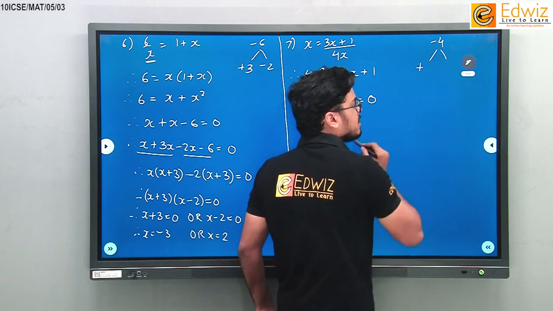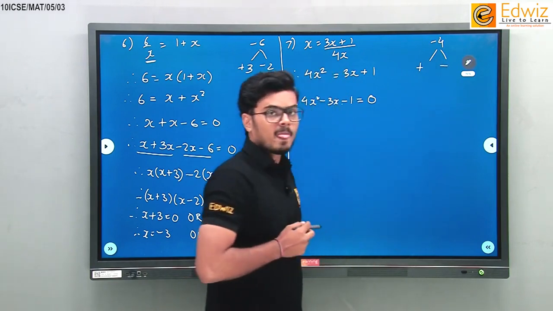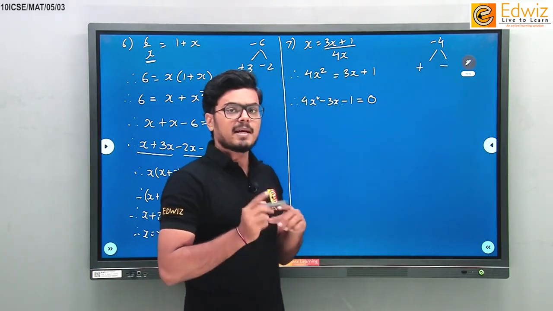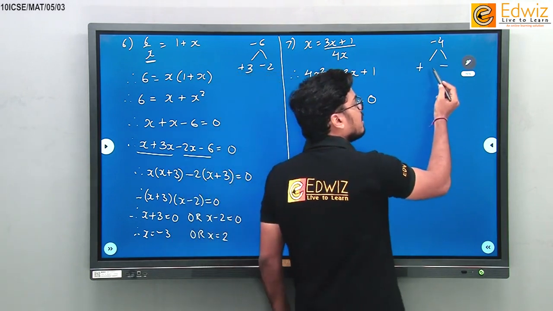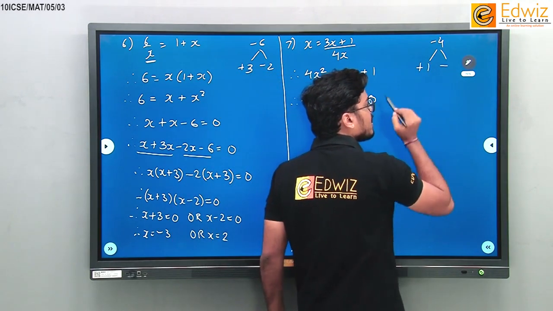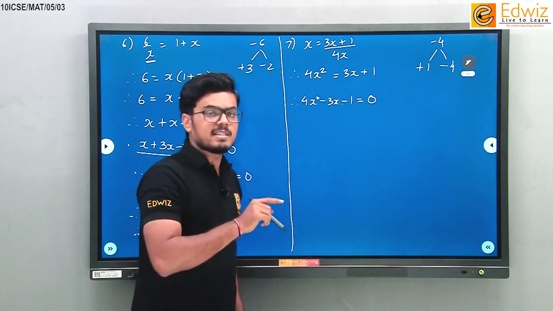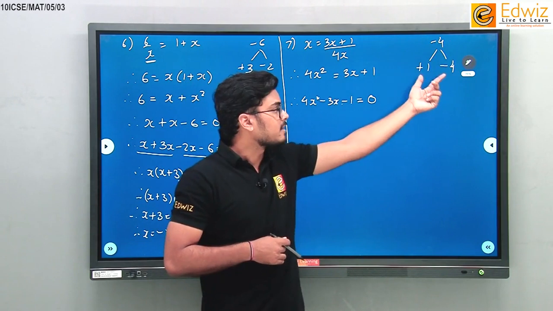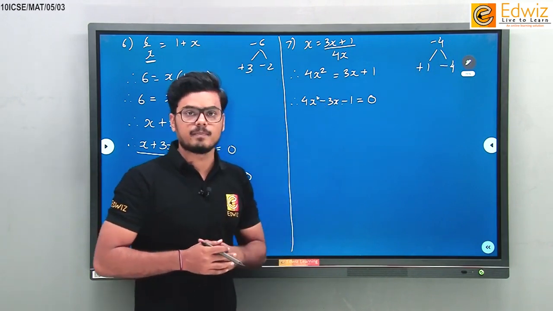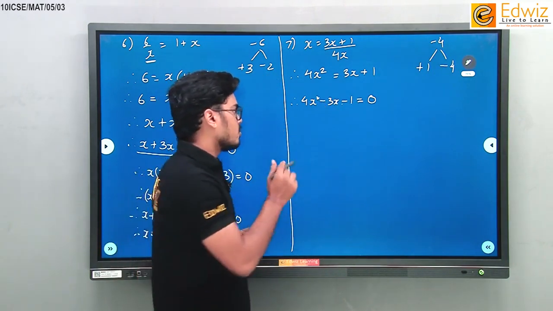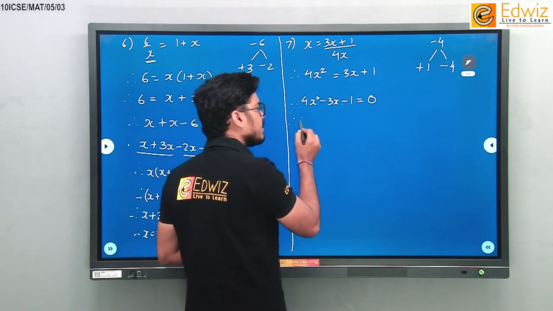So one factor positive, one factor negative. Here what will work? We need minus 3. So if we take one factor to be positive 1 and the other factor to be negative 4. Minus 4 ones are minus 4 and the difference is of minus 3. 4 is negative, correct? So use that to split the middle term.